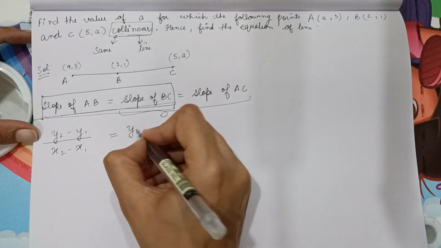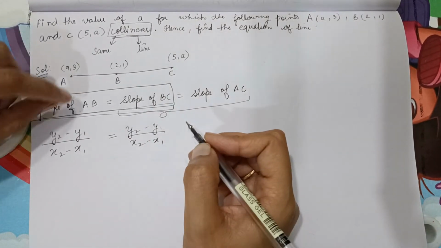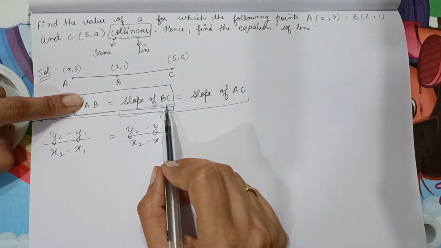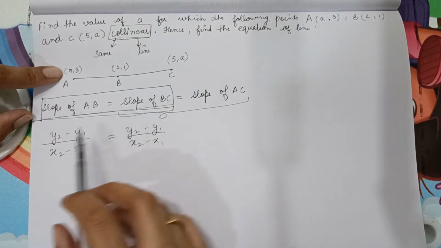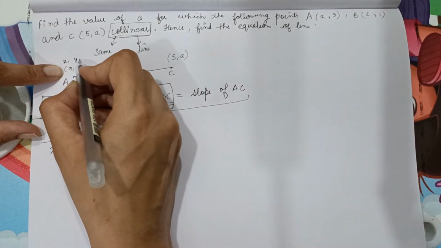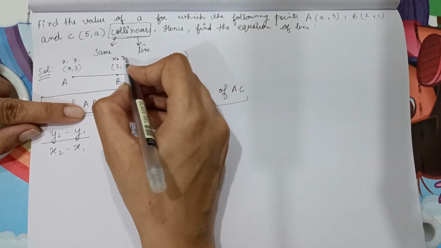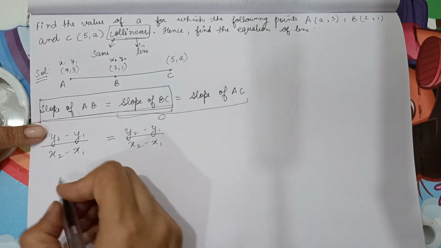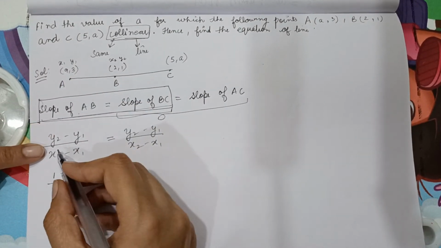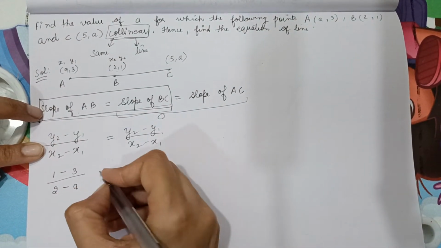Here also y2 minus y1 upon x2 minus x1, but here you use the coordinates of A and B, and there you use the coordinates of B and C. A is x1, y1 and B is x2, y2: y2 is 1 minus y1 is 3, x2 is 2 minus x1 is a.